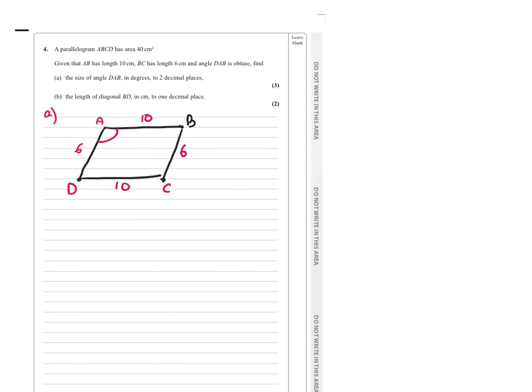How do we find the size of the angle? Well, it's told us the area. So if we split the area of this whole parallelogram in half, we can actually use a half AB sine C. So we know that a half AB sine C equals half the area, because we only want one triangle, so 40 over 2.